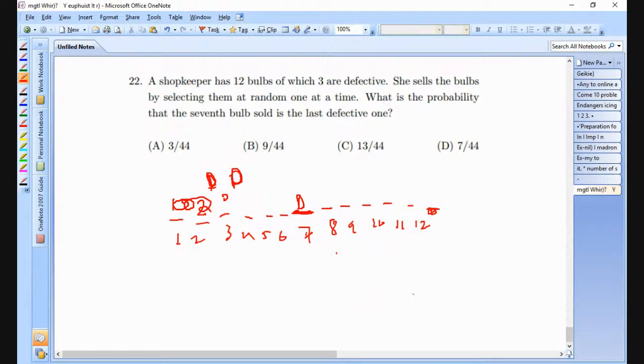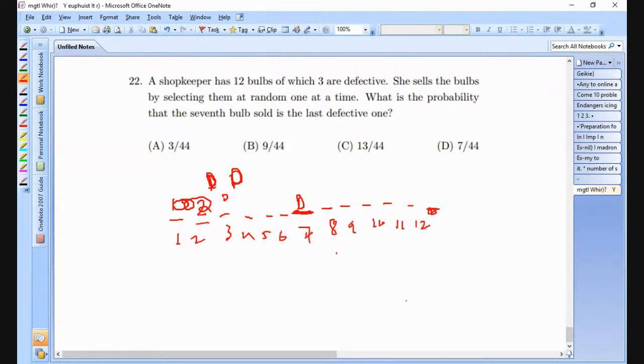Okay, so you're doing it the normal way, but is it equally likely? No, it's not equally likely, so therefore we will do it by factorial. We will take all the 7 bulbs together and put them in a certain way.